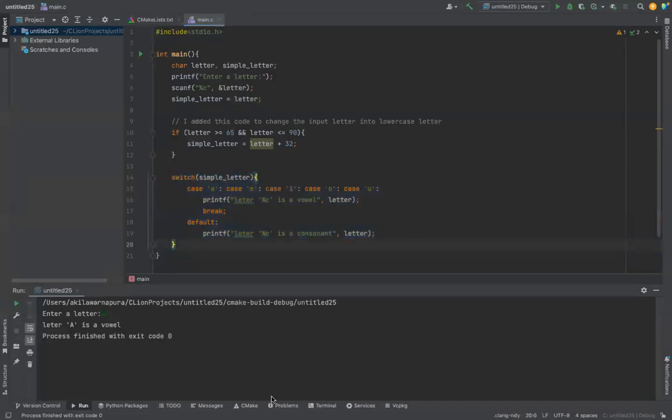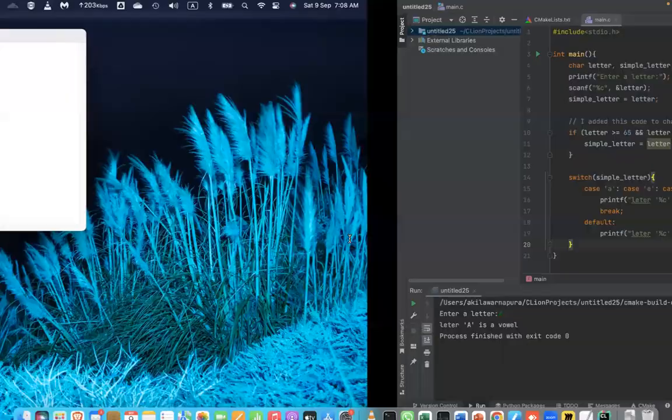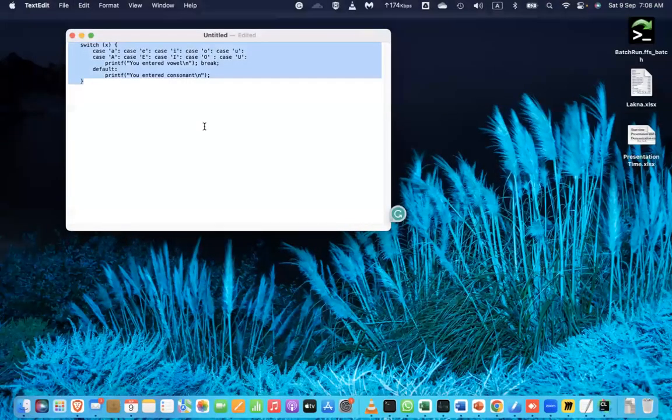Okay, and there is another one. So can't we use case A, O, A, printf vowel, then break? I don't know whether it's working properly. You are asking about the previous one.